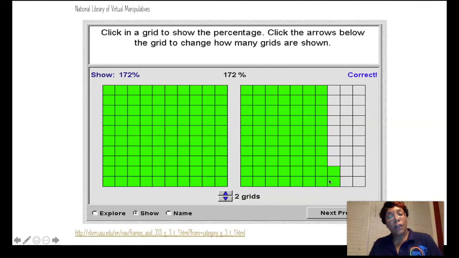Remember, if you have something that's over 100, it's going to give you a mixed fraction or a mixed decimal. So in this case, I can say 1 whole, 1 and 72 hundredths. Great.